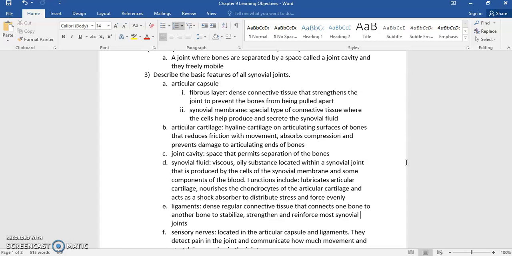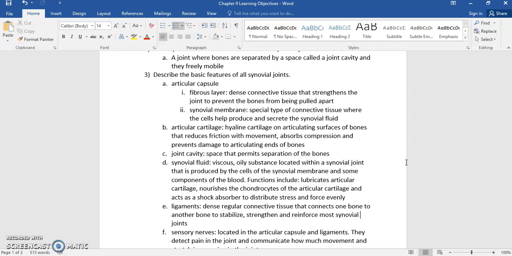And then it's also kind of like a cushy sponge, so it absorbs compression. When we have body weight or any activities that we do, exercise, any compression, it'll provide a cushion and absorb some of that compression. It's there to prevent injuries to the ends of our bones too.